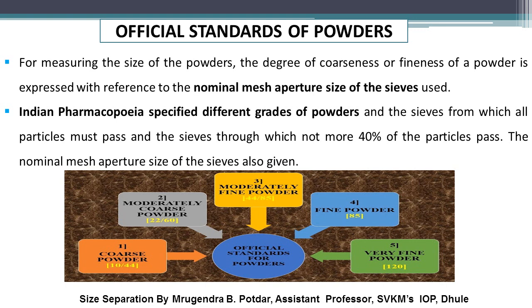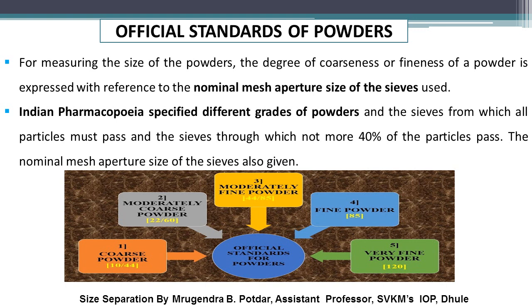So coarse powders have a particle size of 10 to 44 mesh, while moderately coarse powders are 22 to 60 mesh, moderately fine powders 44 to 85 mesh, fine powders 85 mesh, and very fine powder 120 mesh. So how can you define the coarse powder?